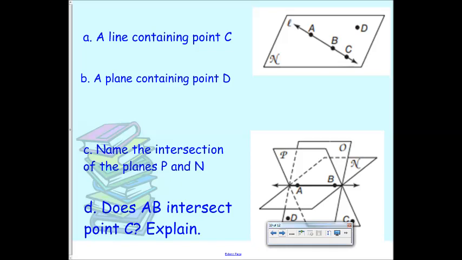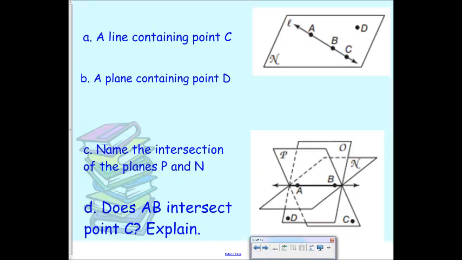So, a line containing point C. Give me a line on here that contains point C. Line L. So we can call it line L. Or what else could I call it? AB, with the arrows on both ends. Good. What is a plane that contains point D?